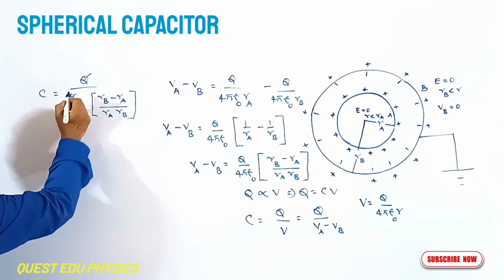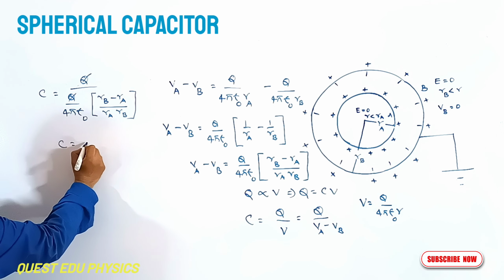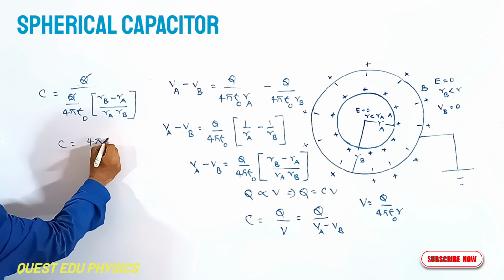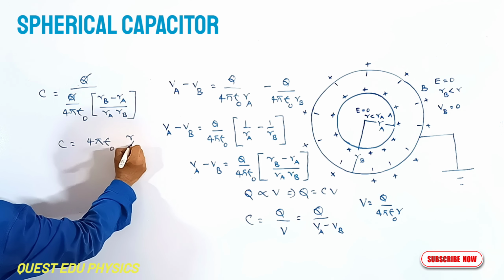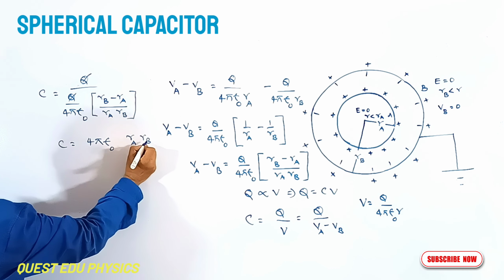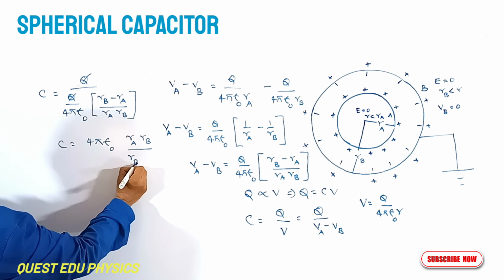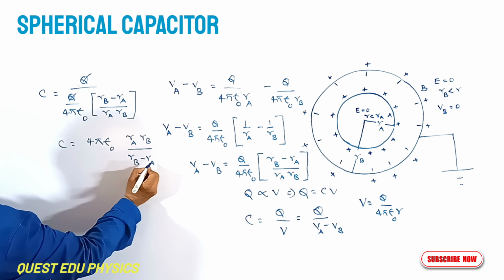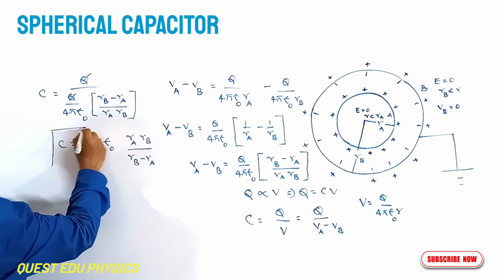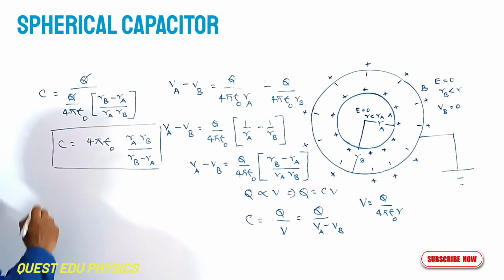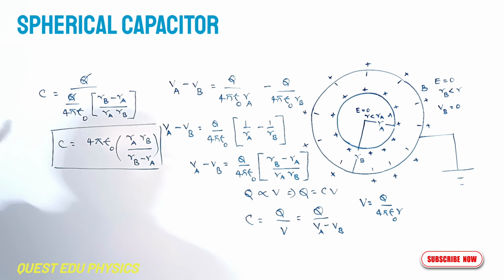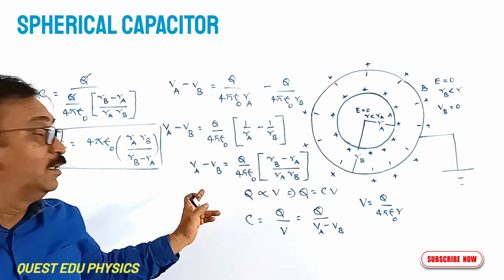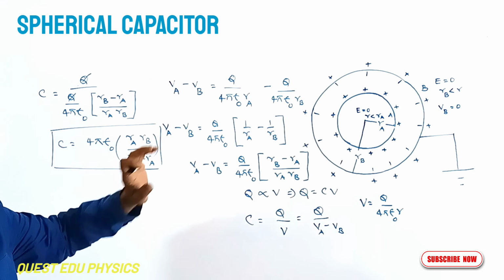The Q cancels and we get C is equal to 4 pi epsilon naught into RA RB by RB minus RA. It is the desired relation, students. This is the formula to calculate the capacity of a spherical capacitor.